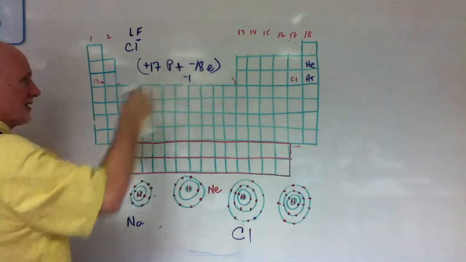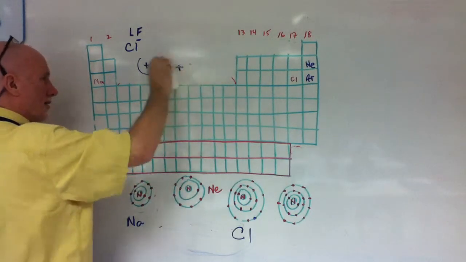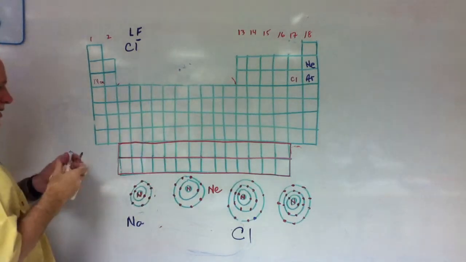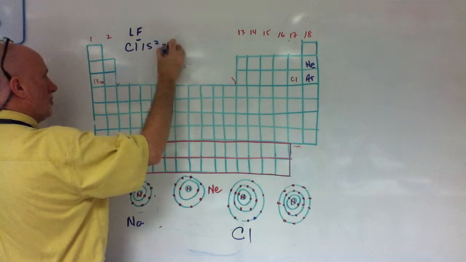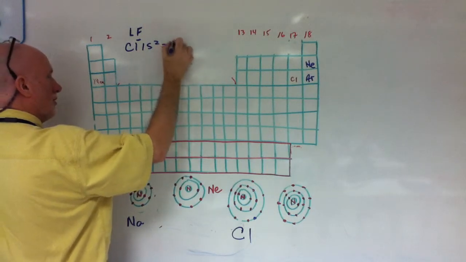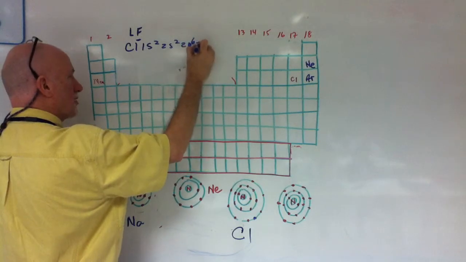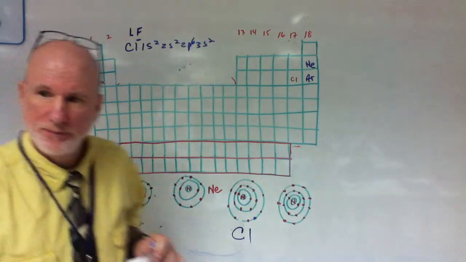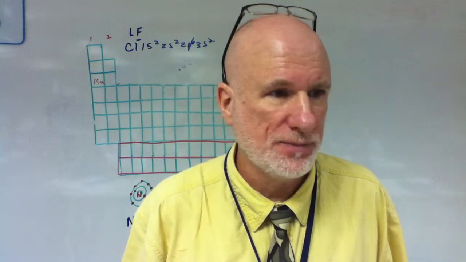Okay, can I erase this? Okay, here we go. You ready? 1s2, 2s2, 2p6, 3s2. Finish it. After it reacts, what's its electron configuration?